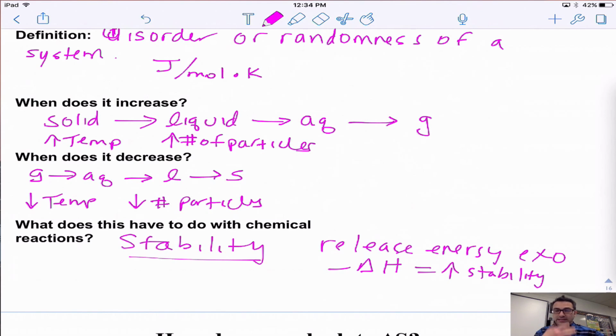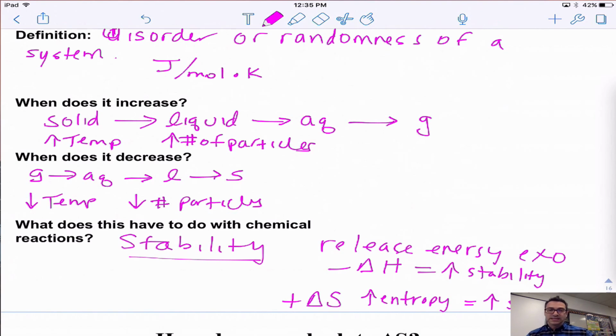The less energy that something possesses, the more chemically stable it is. But then there's another part of stability that we had yet to talk about, and that is the entropy component. With the entropy component, what we're looking at is a positive change in entropy, positive delta S. When you increase the entropy or the disorder, this will lead to an increase in stability.